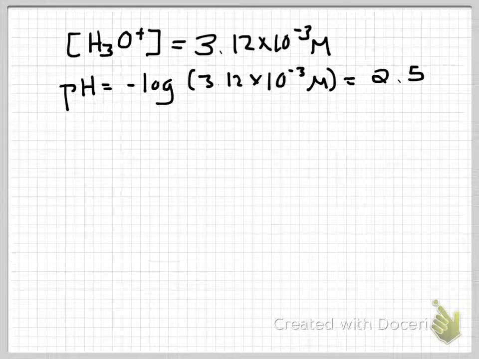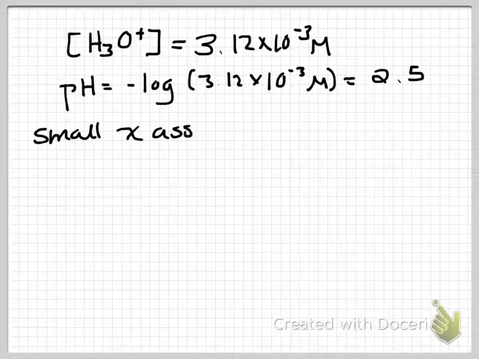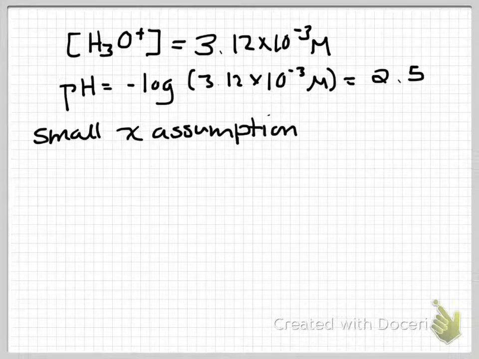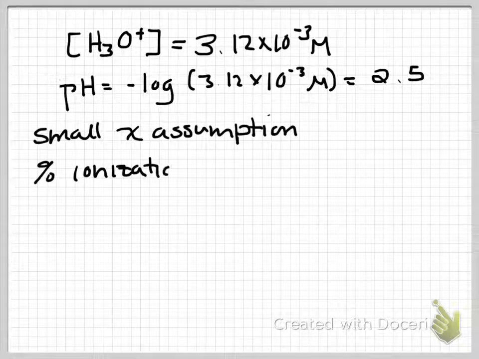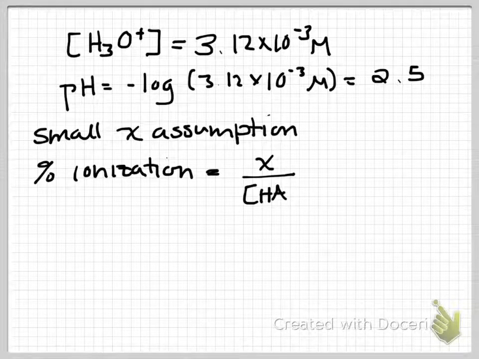We're not quite done. We need to validate our small x assumption, and we're going to do that by looking at the percent ionization, which is equal to x over the initial concentration of our acid, where the little subscript 0 just means initial.